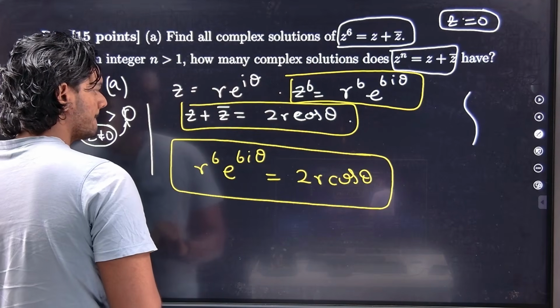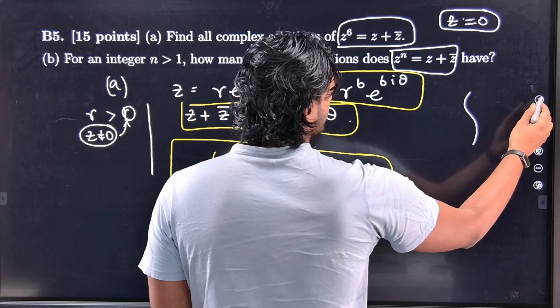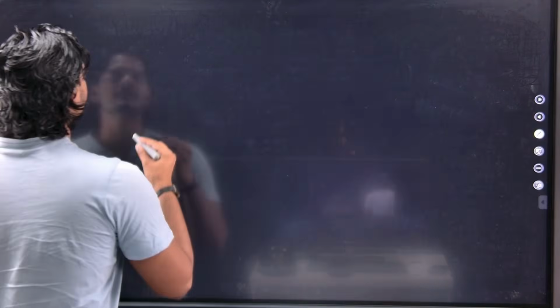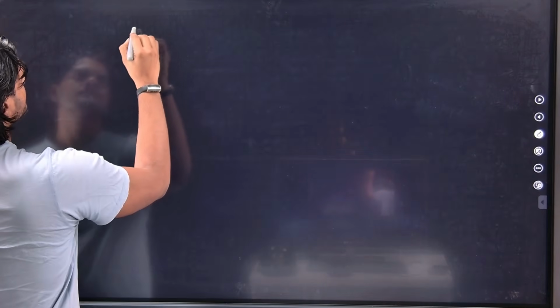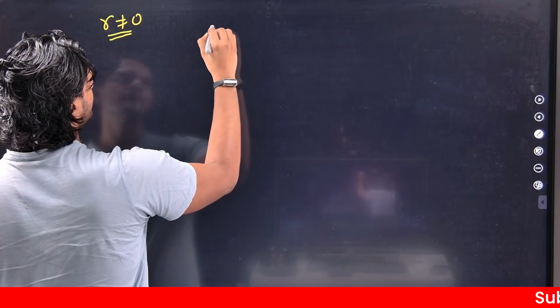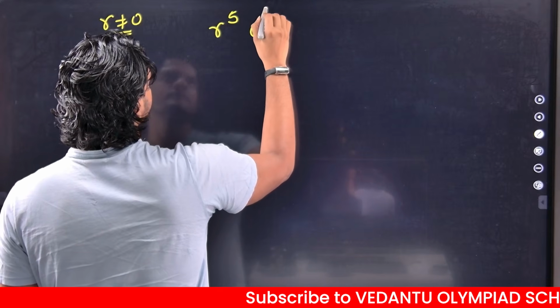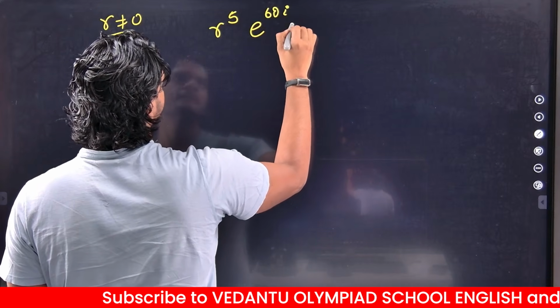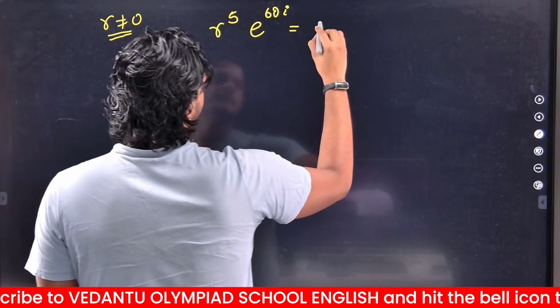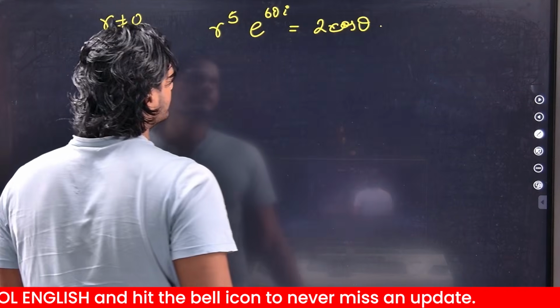Since I'm taking r not equal to 0, I'll have r power 5 e power 6 theta i is equal to 2 cos theta.